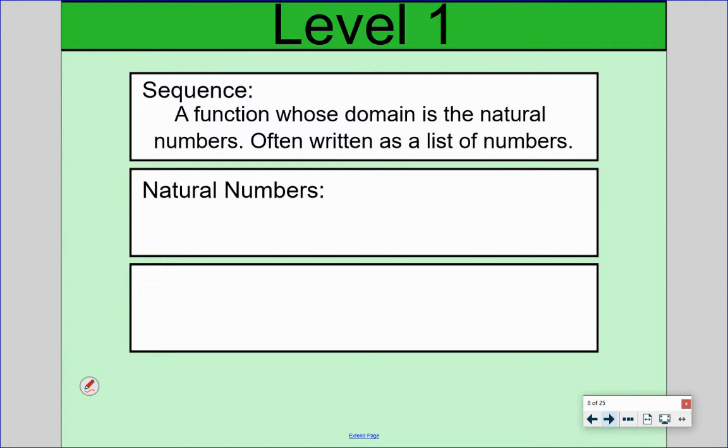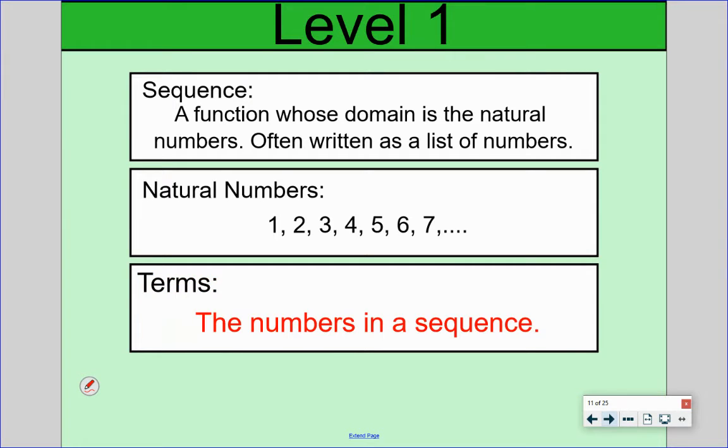So the natural numbers are, I like to call them counting numbers, is the numbers 1, 2, 3, 4, 5, 6, etc., and so on. They're not the decimals, they're not the fractions, and they're not even negatives. And that's going to be the domain of our sequences, our sequence functions.